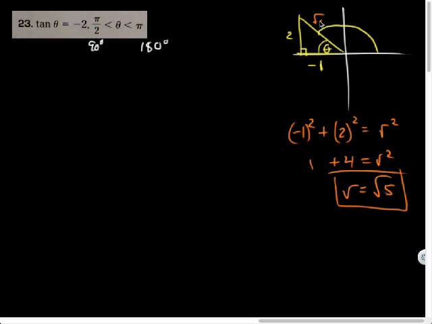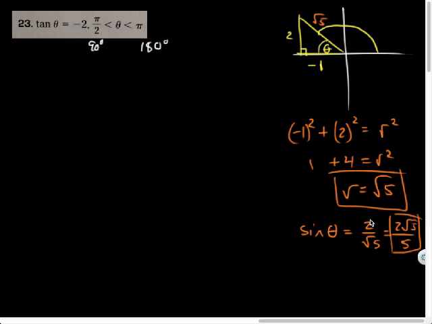How is that helpful to me? Well, now from theta's perspective, I could tell you the values of sine and cosine. So sine of theta is going to be opposite over hypotenuse. So that's going to be 2 over the square root of 5. Or, if you're interested, 2 square roots of 5 over 5, whichever one you'd like.